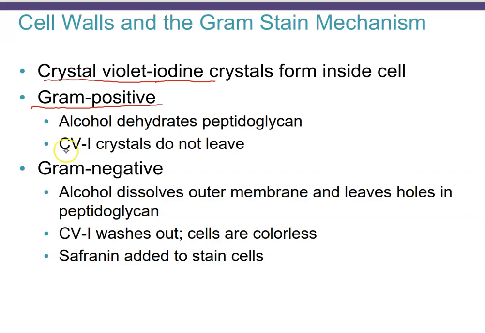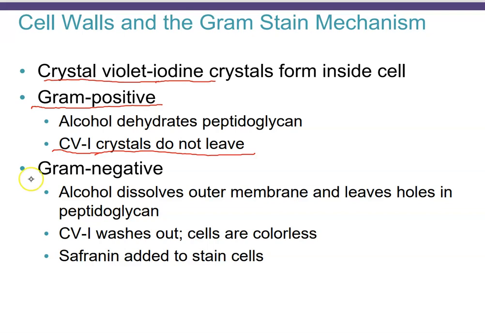So the crystal violet iodine complex will be retained. The alcohol wash is the distinguishing step. The thick peptidoglycan of gram-positives will be made even more dehydrated and tougher, I should say, and the crystal violet iodine will not be able to leave.